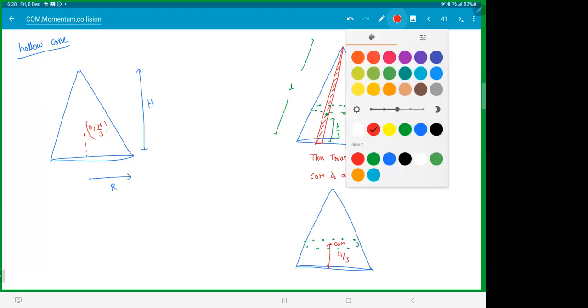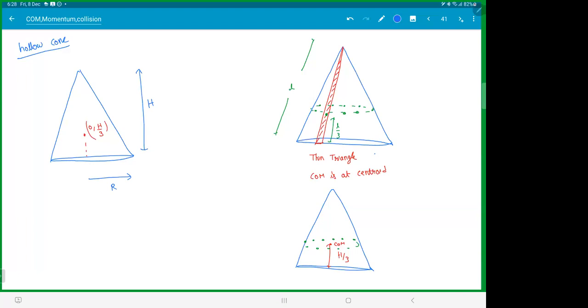So for a hollow cone, the result is h by 3. That's a result you need to remember. Next thing. This is L by 3. This is H by 3.